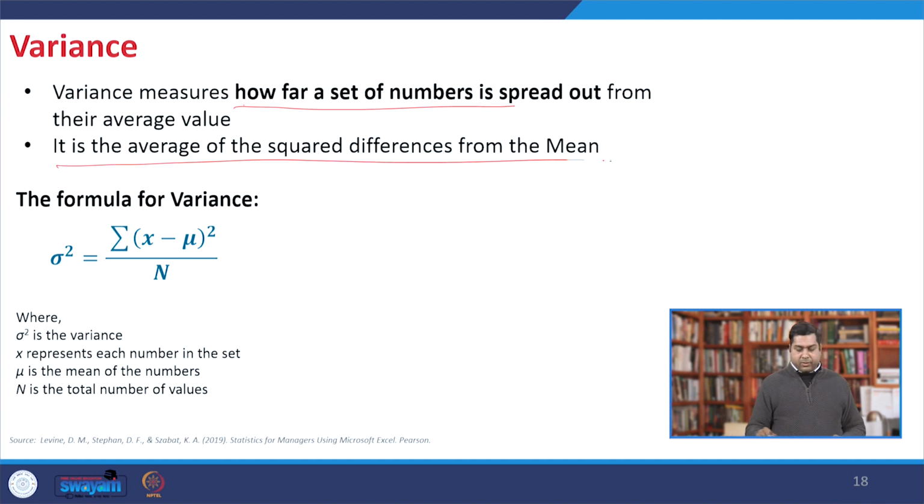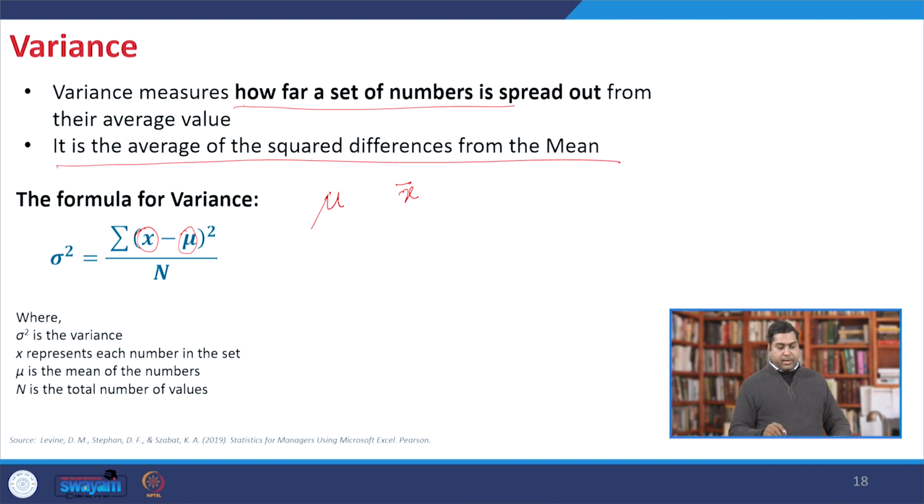It is the average of the square difference. In the equation, this is the individual value, and this is the mean value. Whenever we do this calculation for the entire population, we represent the mean with mu, but for a sample, normally we represent it with x bar.